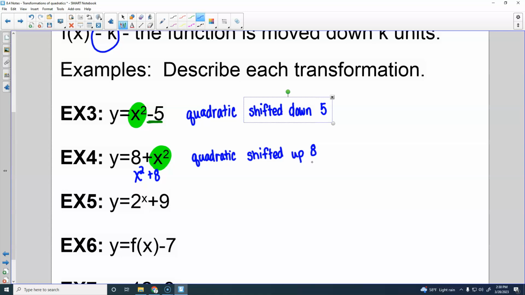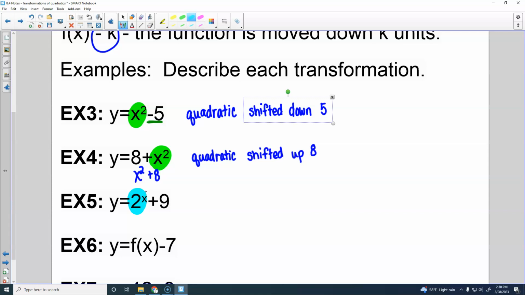Do we have a quadratic on number 5? We do not have a quadratic on number 5. What do we have there? What type of equation is this? There's a special name for an equation that has an x in the exponent.